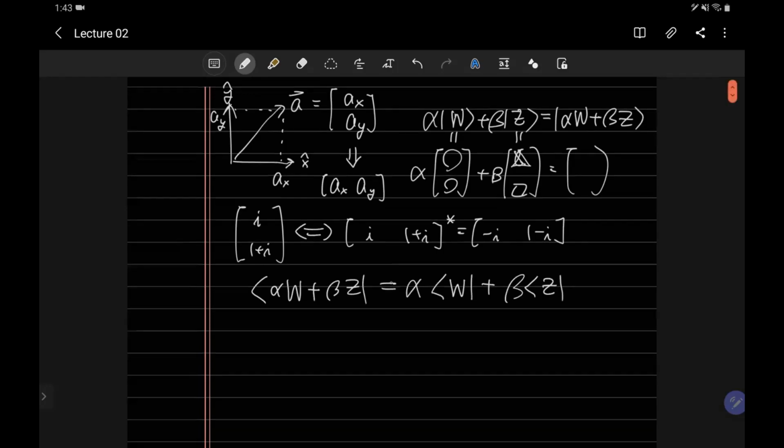That's not correct. What I'm going to prove is that for this relation to be valid, we need complex conjugation for each of these coefficients of the vector.